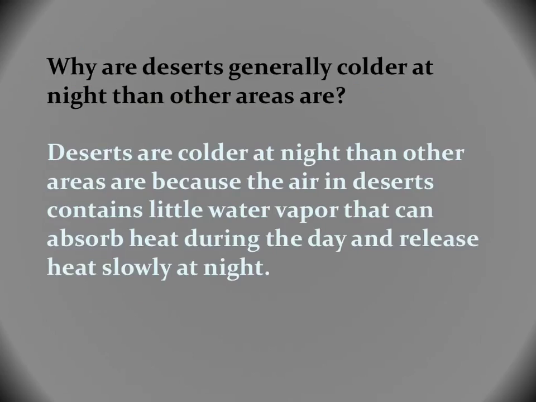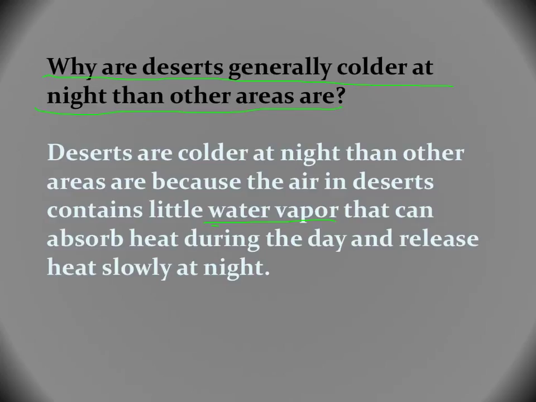So just to end here, answer the question: why do deserts generally get colder at night than other areas? Well, the thing about deserts is the air in deserts contains little water, and water is an insulator. It takes a lot of energy to heat up water or cool down water.